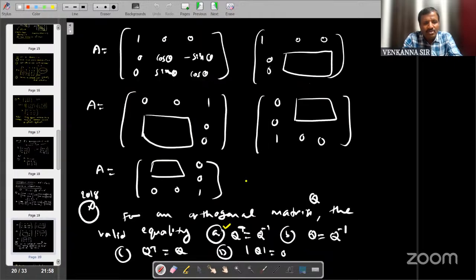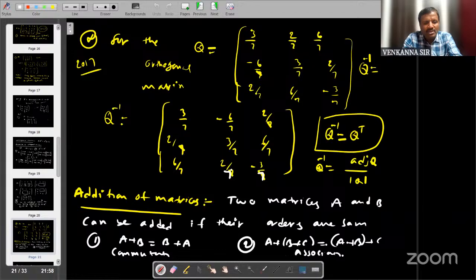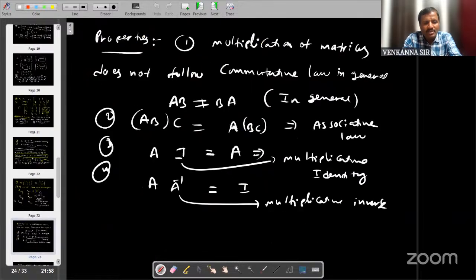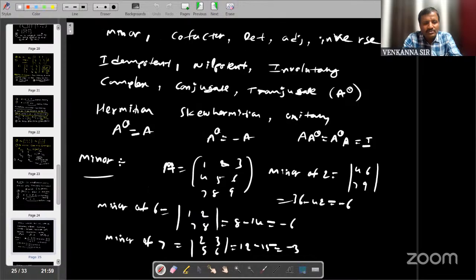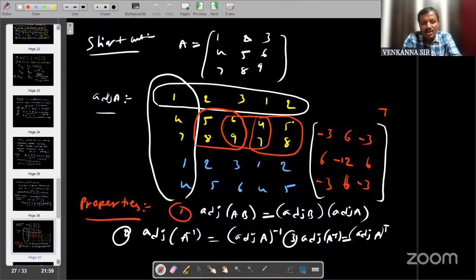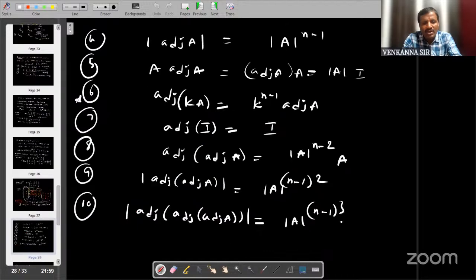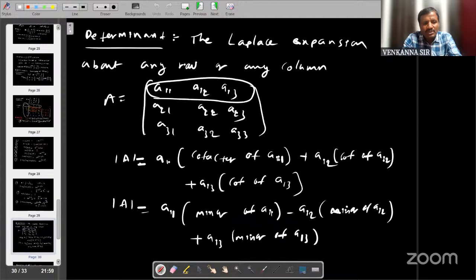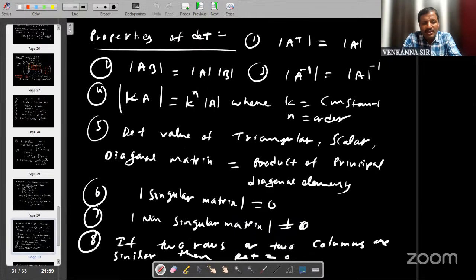Then orthogonal matrix, properties of orthogonal matrix, addition and multiplication of matrices, minor, cofactor, adjoint, the shortcut to calculate the adjoint, properties of the adjoint matrix, determinant, properties of the determinant.